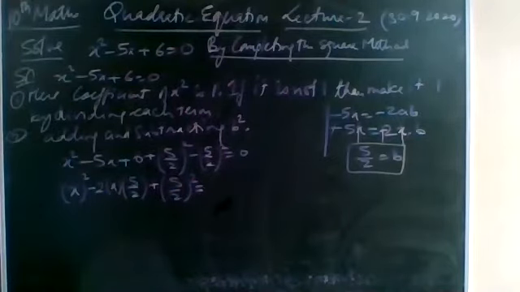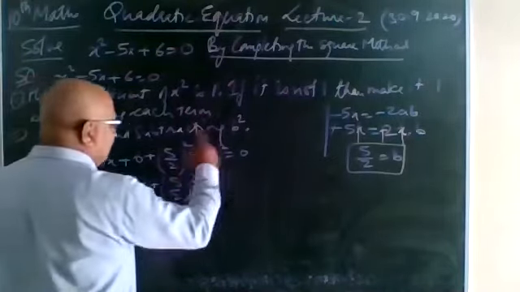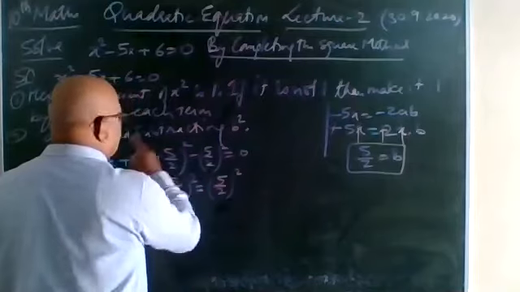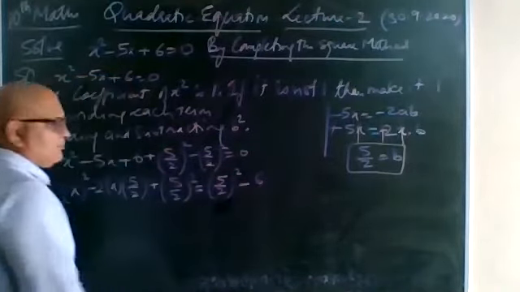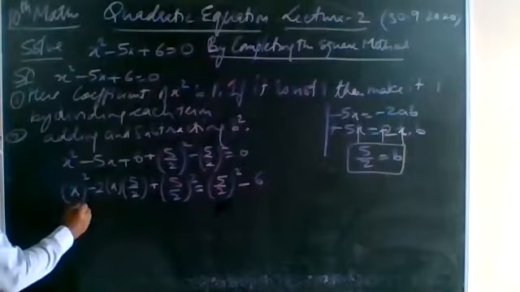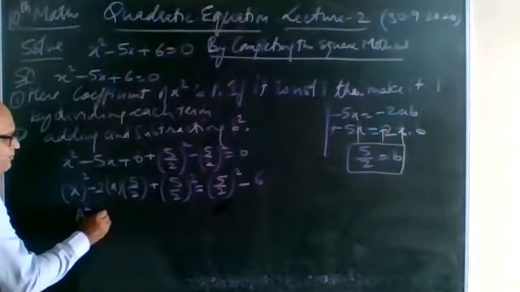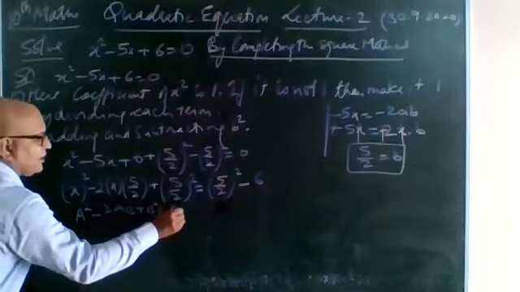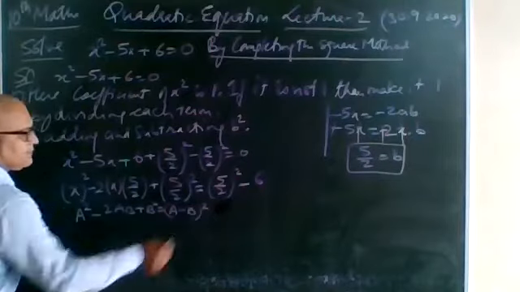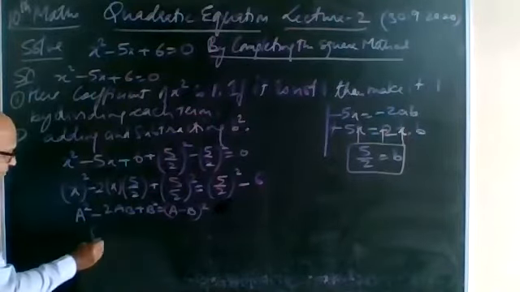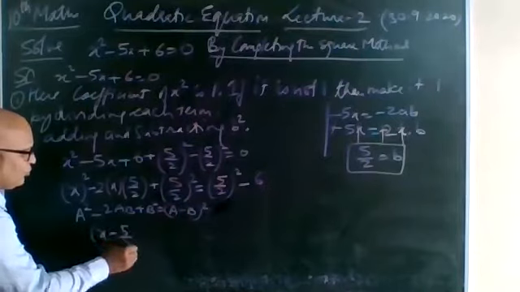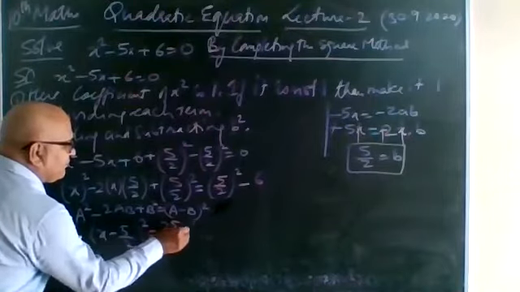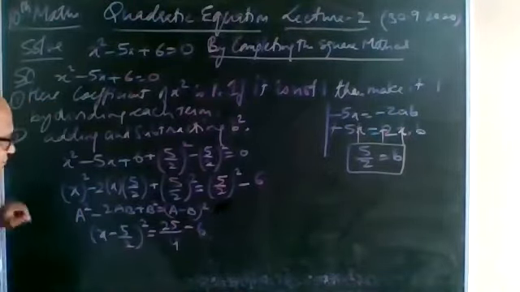The rest of the terms go to RHS: minus 5 by 2 whole square, and plus 6 becomes minus 6. Now this is a square minus 2ab plus b square, which is a minus b whole square. So x minus 5 by 2 whole square equal to 25 by 4 minus 6.